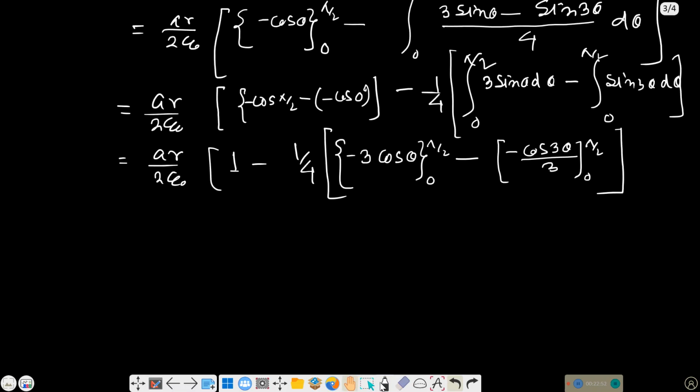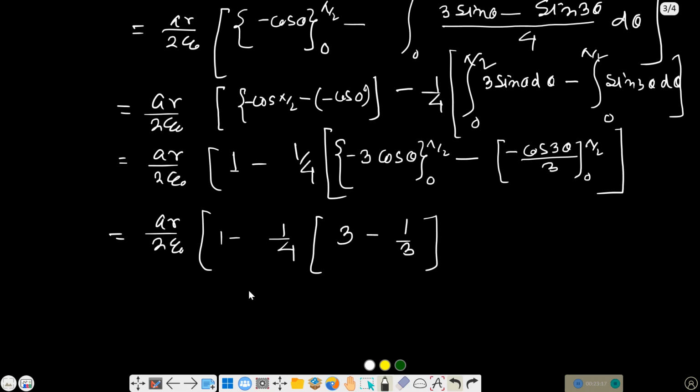Then it is AR by 2 epsilon naught 1 minus, if you put the limit you will get 1 by 4 times 3 minus, plus 1 by 3.